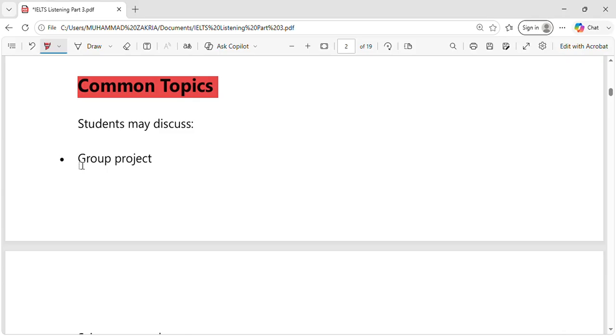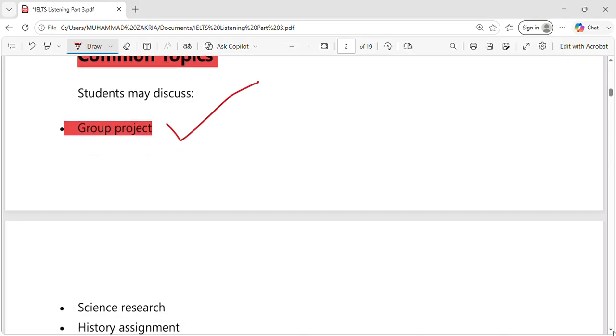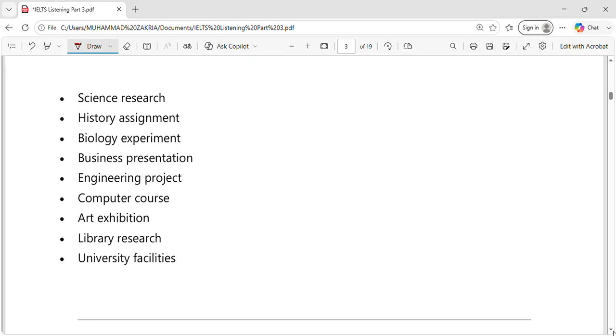The group project. First is what? Group project. Okay, this is the first topic. Common topic in part 3 is group project. The second one is science research.